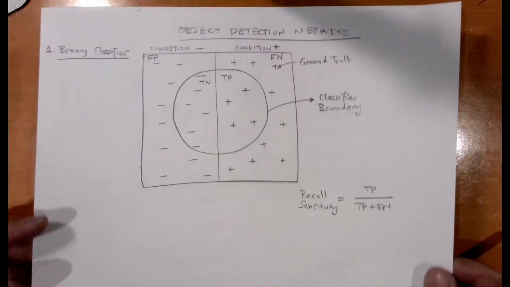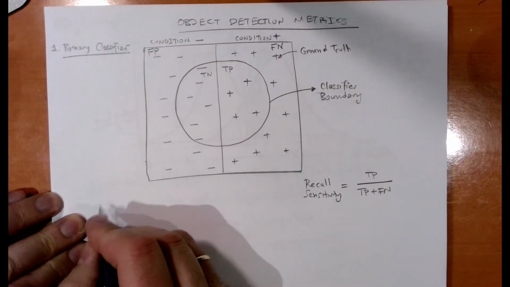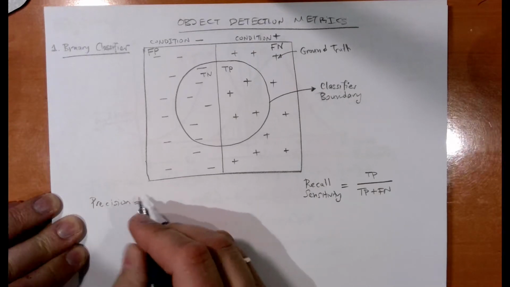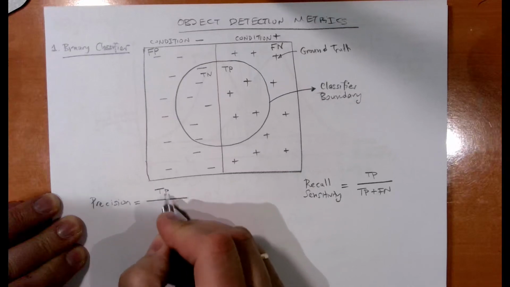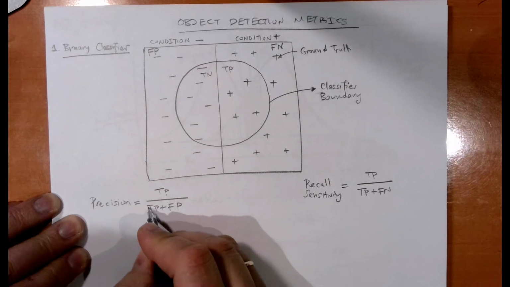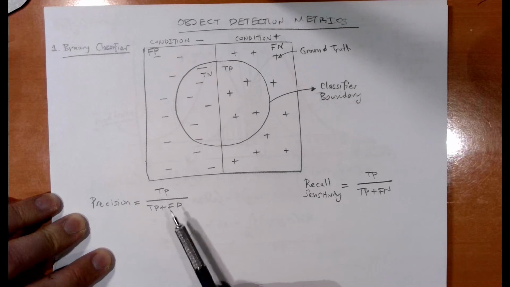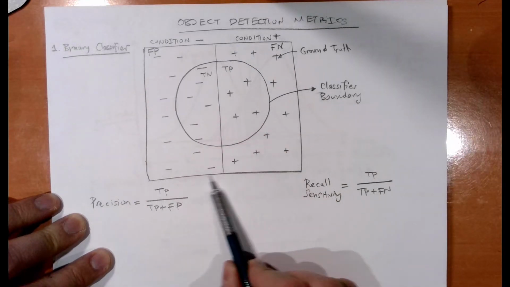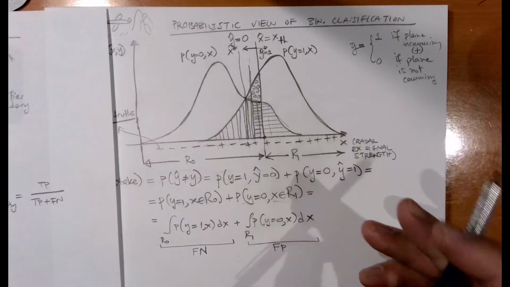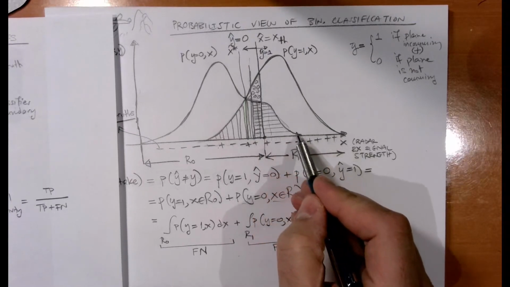On the other side, there is what is called precision, which is given by the true positives divided by true positives plus false positives. And as you can see, it has a lot to do with these false positives that are present, or equivalently with this area under this tail of the distribution.